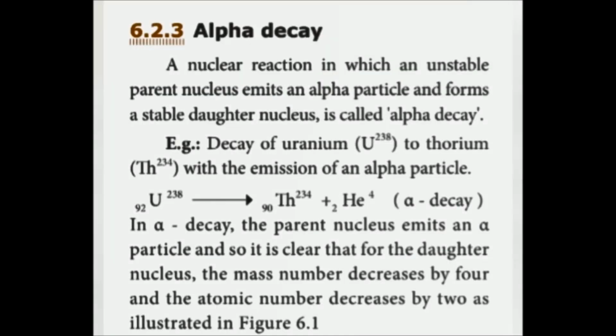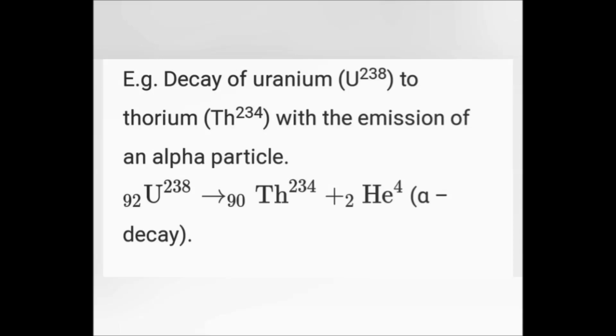What is alpha decay? A nuclear reaction in which an unstable parent nucleus undergoes disintegration and emits an alpha particle and forms a stable daughter nucleus is called alpha decay. For example, the decay of uranium to thorium with the emission of an alpha particle.